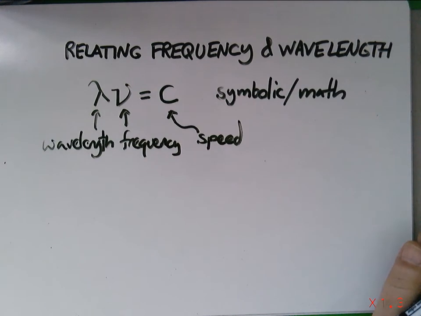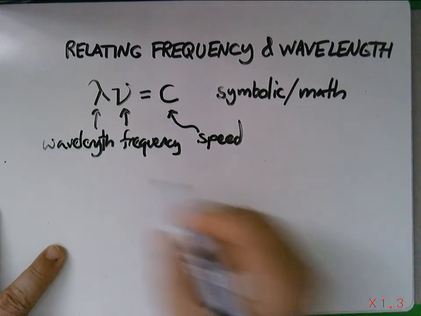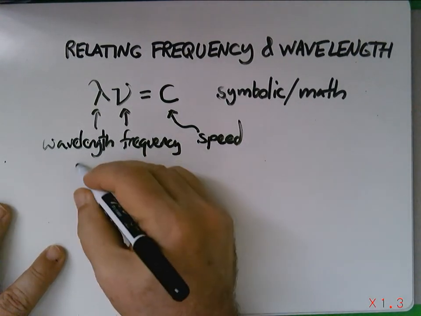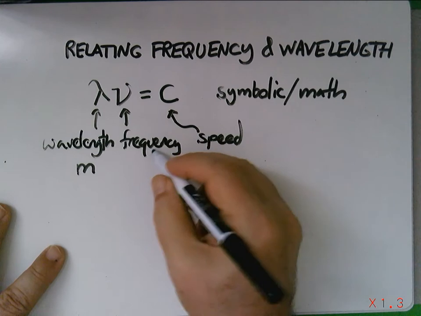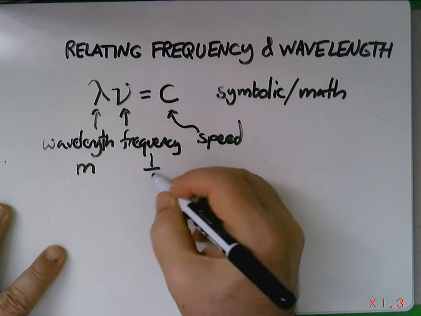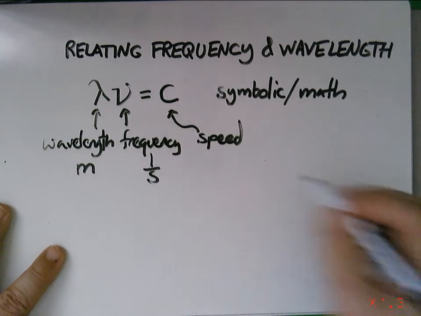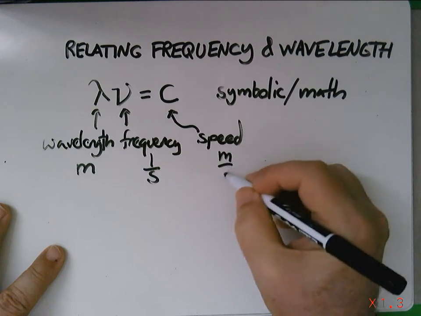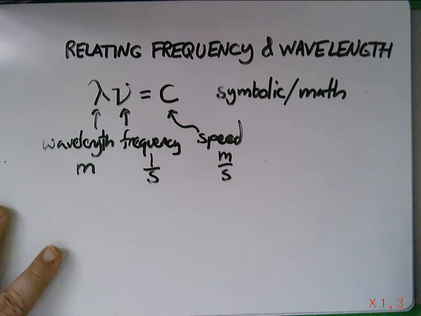You also ought to be able to point at those things and say what are some reasonable units to put them in. If I'm using SI units, and I almost always am, the wavelength needs to be in meters. The frequency needs to be in hertz, which is the same thing as 1 over seconds. And the speed needs to be in meters per second. These are all compatible units.